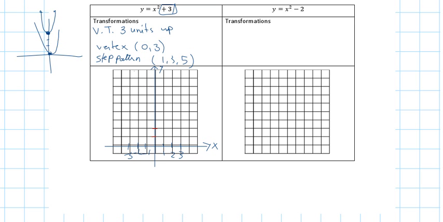I found it. It's right here. Then from the vertex, how much do I go up? Go up 1 over 1. I can do the same thing to the other side. And then from this point, how much do I go up? 3. 1, 2, 3 over 1.